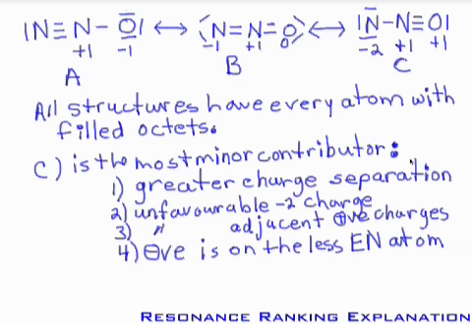So the question is, who's more electronegative, oxygen or nitrogen? If we look at this structure, we see that oxygen in A has a negative charge, but the nitrogen in B bears a negative charge. Oxygen is more electronegative, hence structure A makes a greater contribution. You can say that. A is a greater contributor than B.